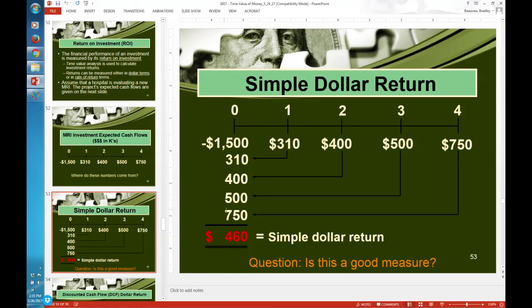Now notice, you'll hear folks who have not been through financial analysis, when they put together a project they're developing, consider all of these cash flows from time period 1 out through 4 at their face value. It's understandable how that might occur.